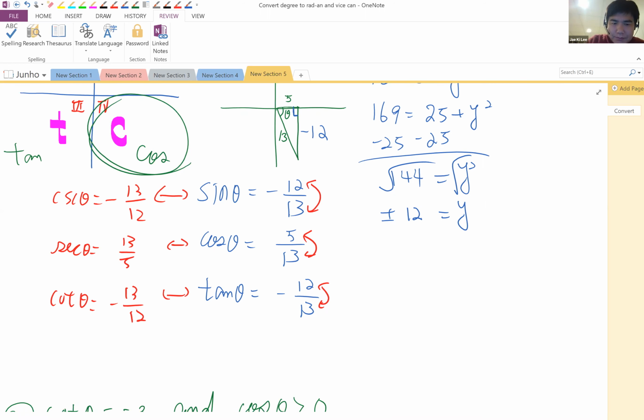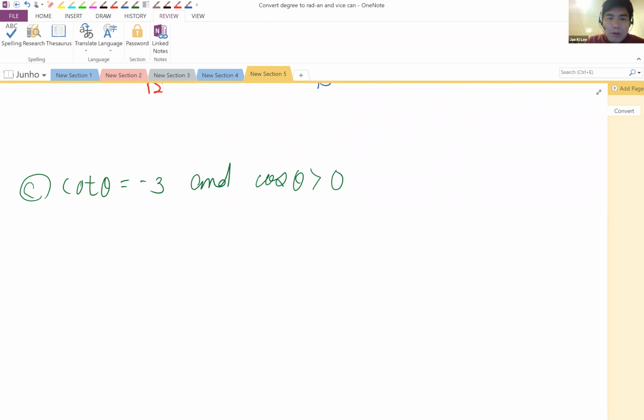So now see here, cotangent theta equals negative 3, and cosine theta is bigger than 0 here. So how to define cotangent theta?